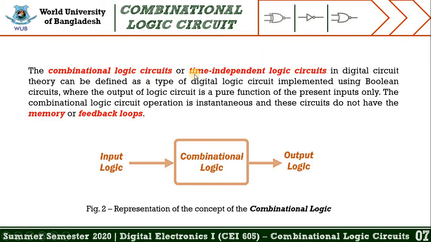The combinational logic circuits, or time independent logic circuits, in digital circuit theory can be defined as a type of digital logic circuit implemented using Boolean circuits, where the output of the logic circuit is a pure function of the present inputs only. The combinational logic circuit operation is instantaneous, and these circuits do not have memory or feedback loops.